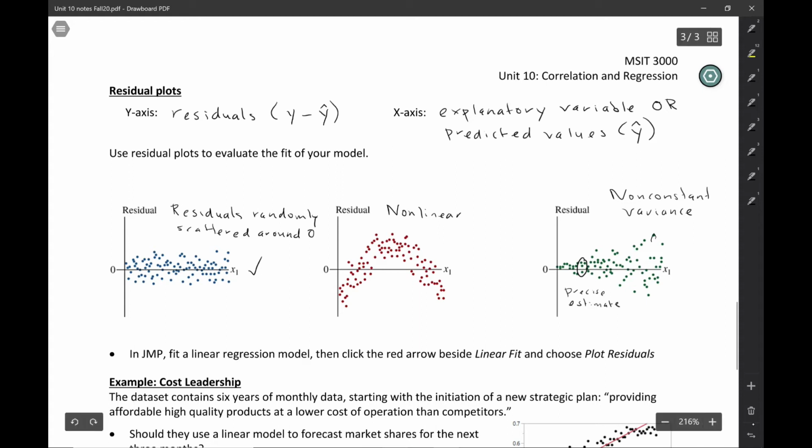But then on the high end, it's much wider, much less precise. And so a problem with this is, if you're thinking about your R squared as how much variability is explained, how accurate are your estimates, well, it depends on where you are on the x-axis, right? For some x values, it's very precise, and for others, not so much. So when we look at our residual plots, we're checking for linearity, and we're checking for constant variance.